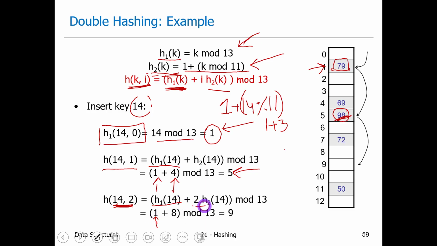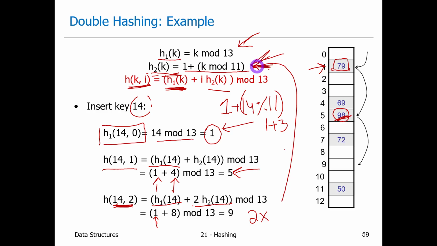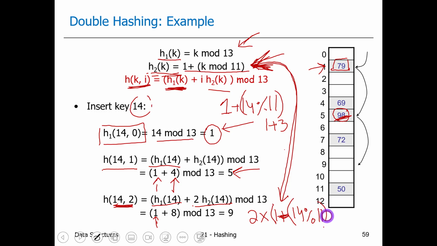To calculate this, expanding this formula, we have 2 into h2 of k, which is 1 plus k, and k was our key, which is 14, mod 11.